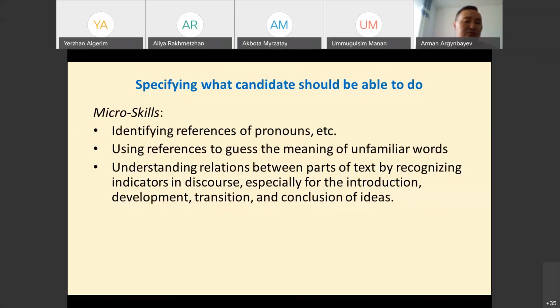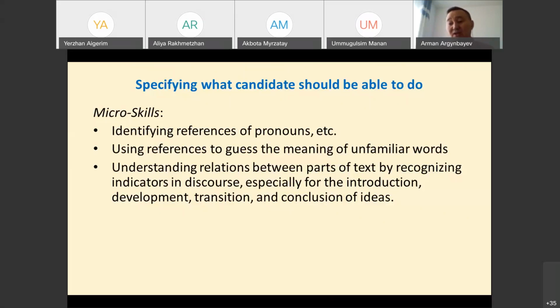Using references to guess the meaning of unfamiliar words, we've mentioned it, and understanding the relations between parts of the text by recognizing indicators in discourse. Yes, we usually recommend our learners to find the discourse markers and divide the text into the following parts, like introduction, development, transition, and conclusion.